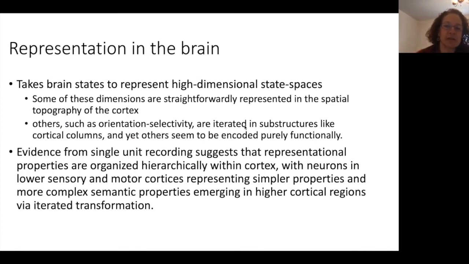So if you look at motor and somatosensory cortex, for instance, there's kind of a homunculus spatially represented across those parts of cortex. And then there are other kinds of content that seem to be iterated in substructures across the cortex. And then presumably, especially in higher areas, content that's encoded much more sparsely and functionally than the things that we can anatomically distinguish.